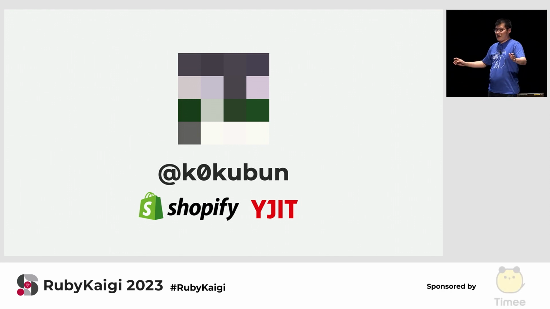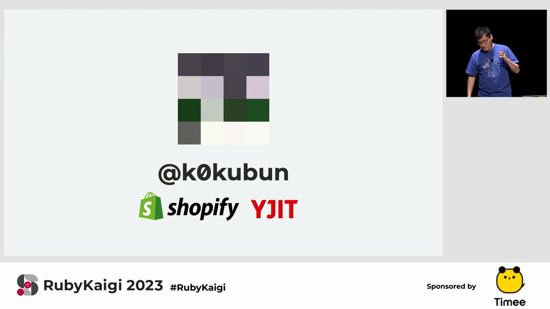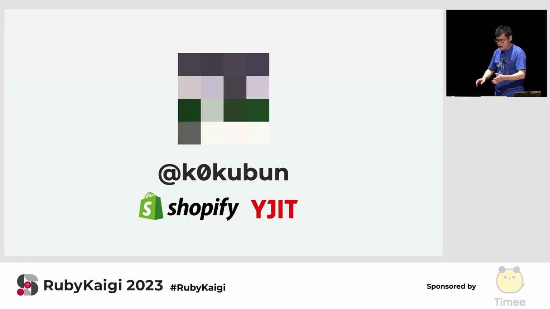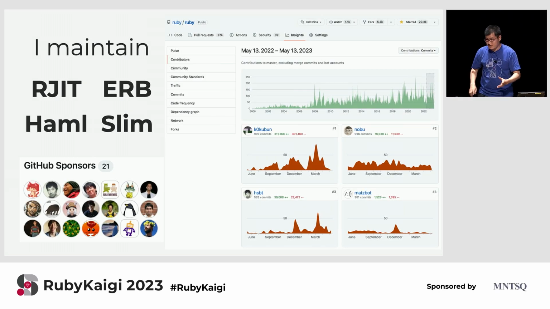So who am I? I'm Kokubun. I'm working on the JIT team in the Ruby and Rails infrastructure team at Shopify. I maintain JIT at work and other projects like RJIT, which I'm going to explain later, and template engines like ERB, Haml, and Slim.